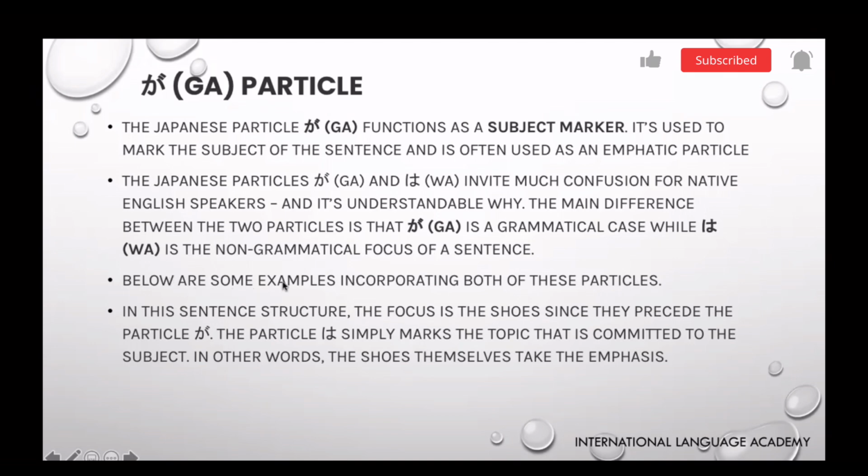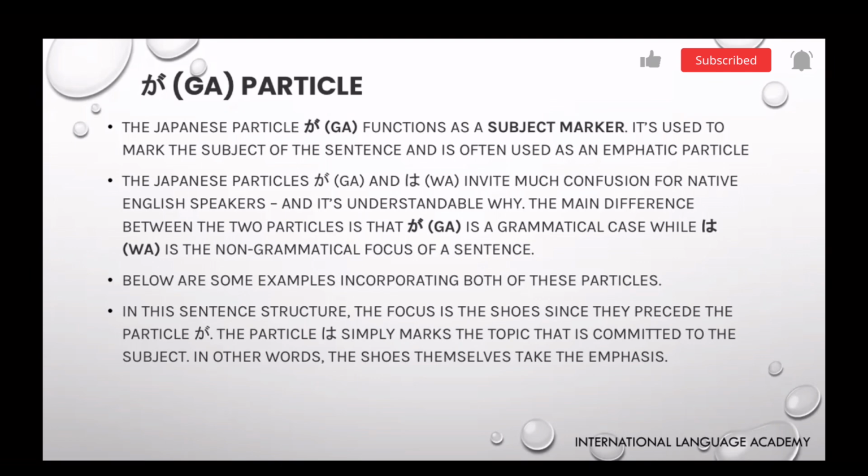Below are some examples incorporating both of these particles. In this sentence structure, the focus is the shoes since they precede the particle ga. The particle wa simply marks the topic that is committed to the subject. In other words, the shoes themselves take the emphasis.